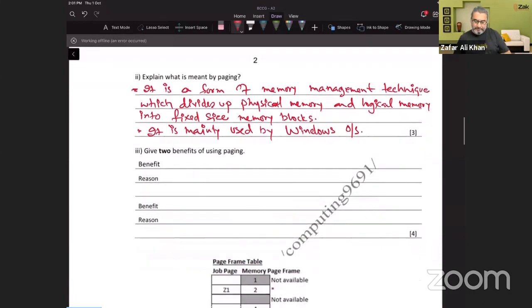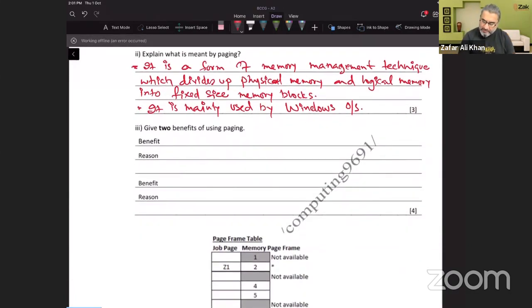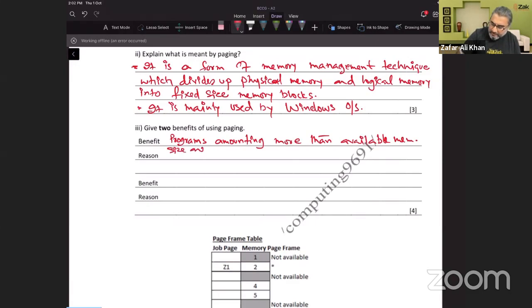Now, give two benefits of using paging. Benefit number one, programs amounting to more than the available memory size can be loaded.